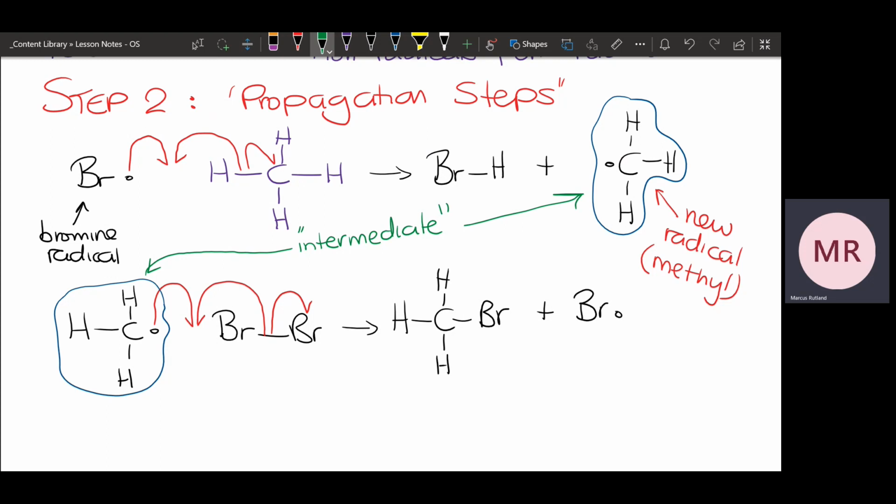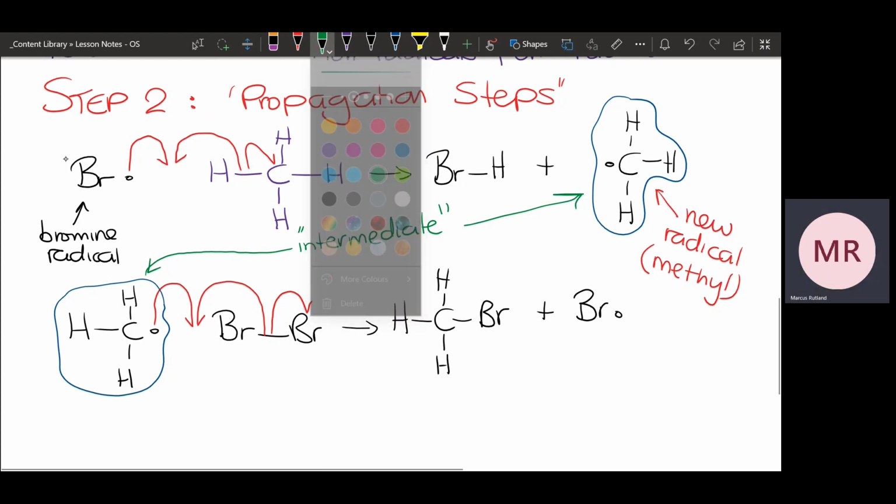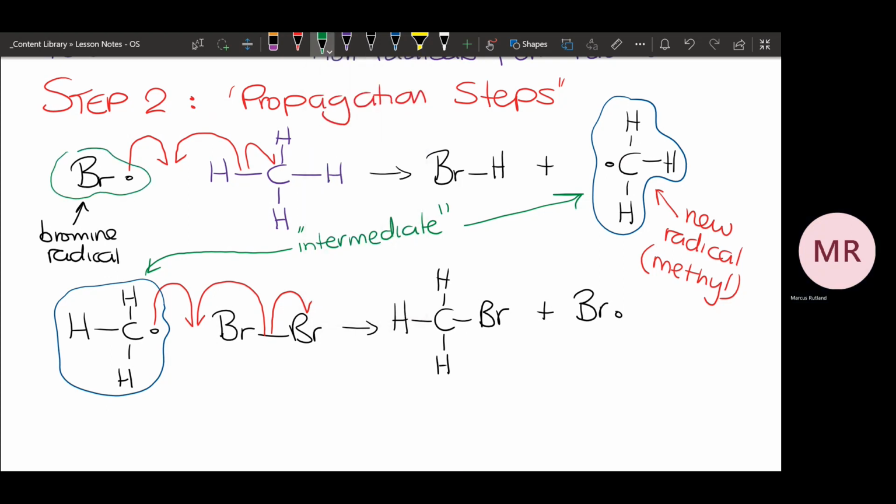So an intermediate is something that's formed during a reaction. It's not one of the reactants you put in, and then it's used up before the end of the reaction. So it's a kind of a temporary substance that forms during the reaction. Okay, we also have, though, if you look, we've got this bromine radical at the beginning and there at the end.